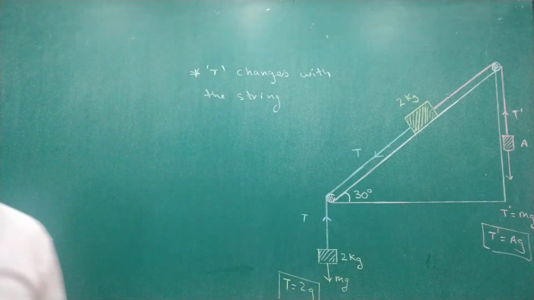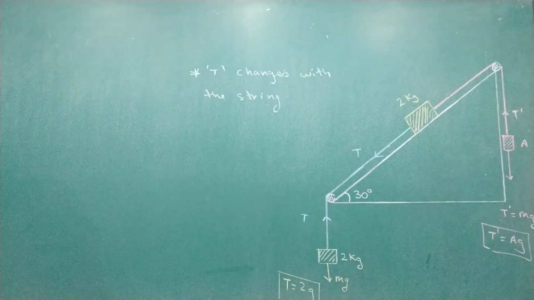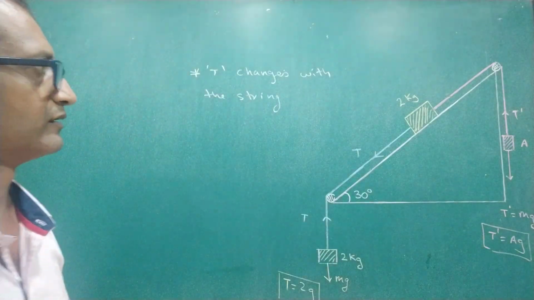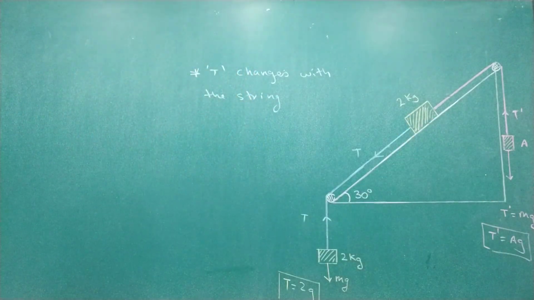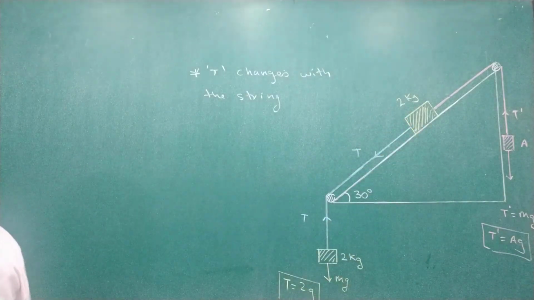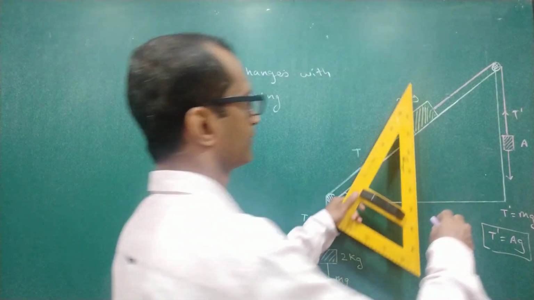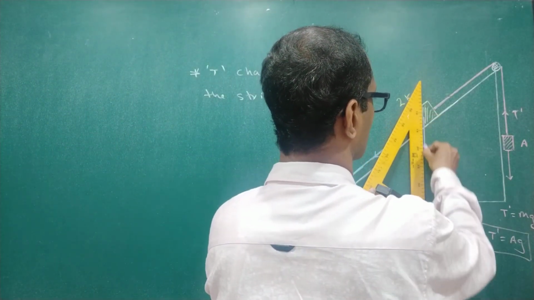Now very interesting. Over here, the second mass, that is of 2 kg. This was the first mass. Now this is my second mass of 2 kg. The weight acts vertically downwards.